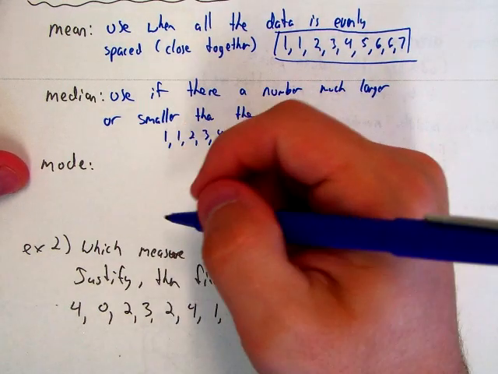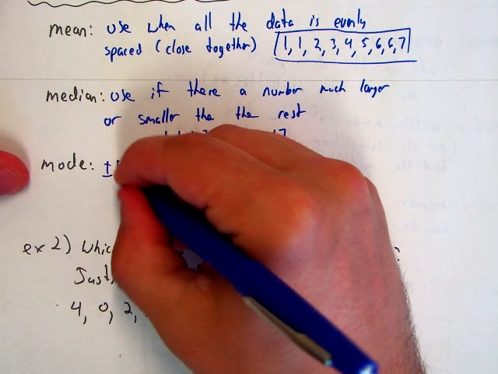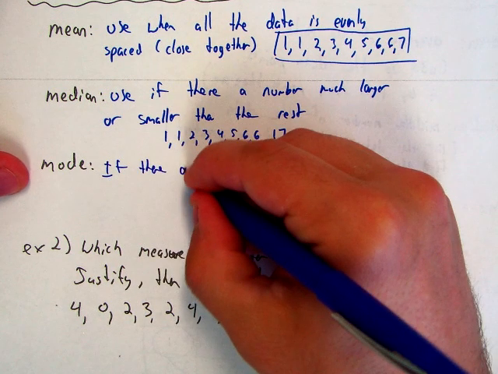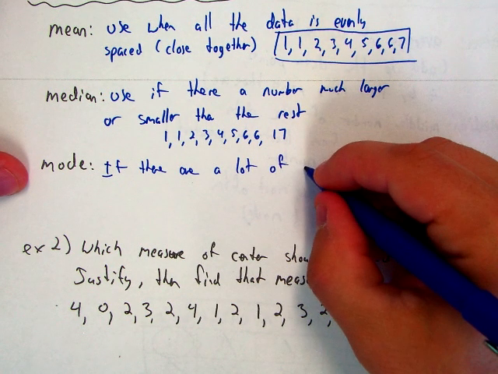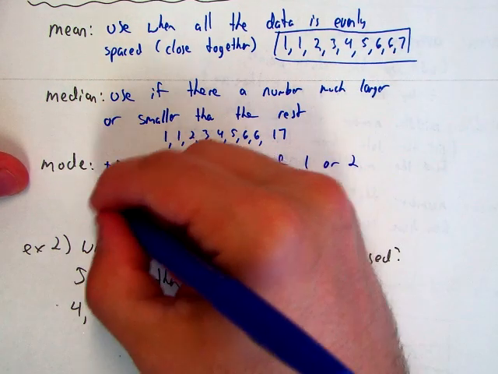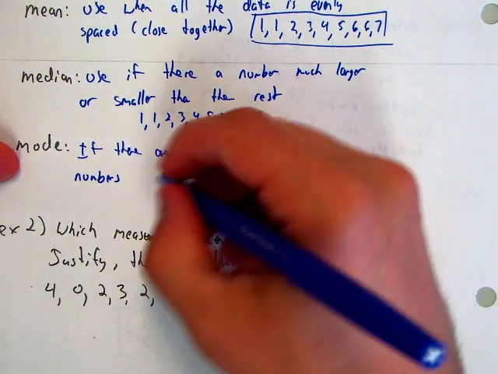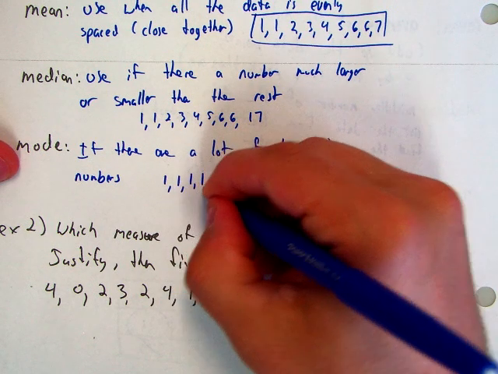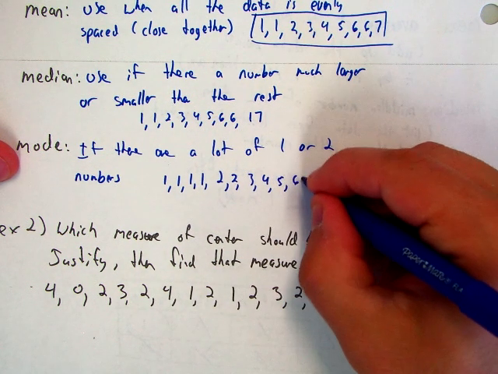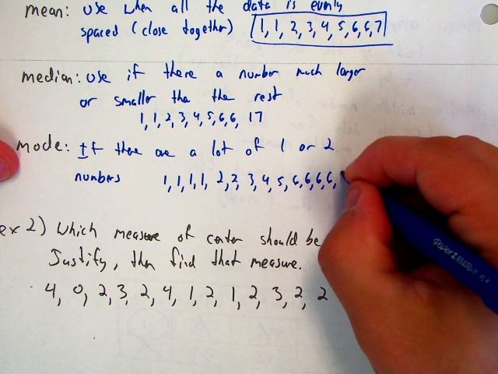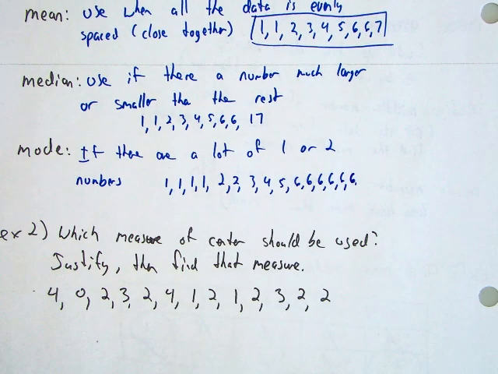And then I want to use the mode. This one doesn't happen too frequently, but I want to use the mode if there are a lot of like 1 or 2 numbers. So that would be like 1, 1, 1, 1, 2, 2, 3, 4, 5, 6, 6, 6, 6, 6, 6.